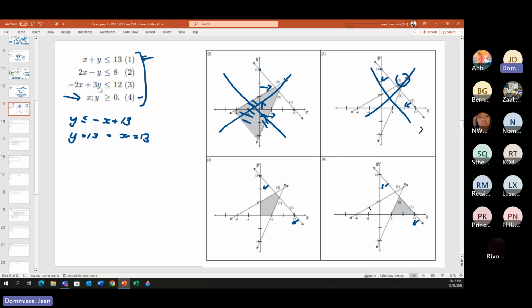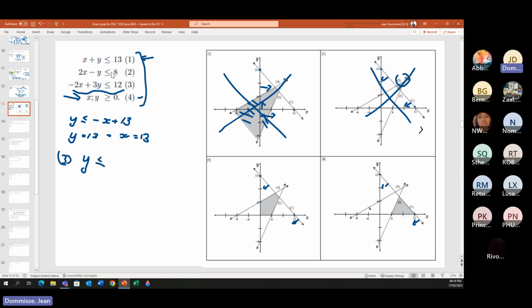Which one is easiest to work with? I would probably have said I would first want to work with that one because it's positive still. So let's work with line 3. So y would still be smaller than or equal to.